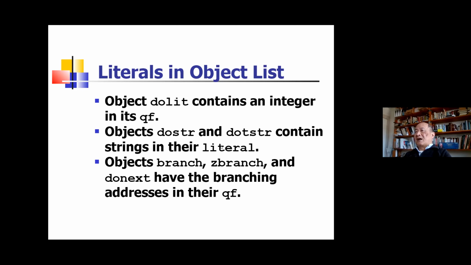This is the reason why I have to have a literal field in the class. And the objects branch, zero branch, and do next have their branching address stored in the QF, so that when branch is executed, it takes the target address in the QF field and then jumps to that address. So this is the way I do the literals.